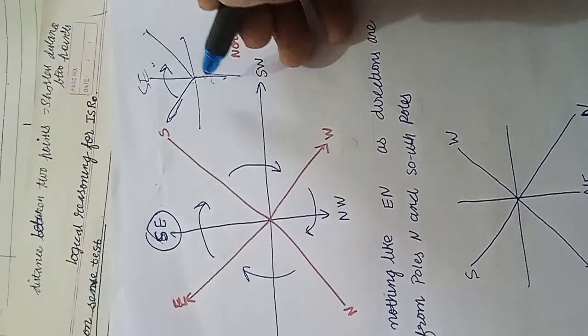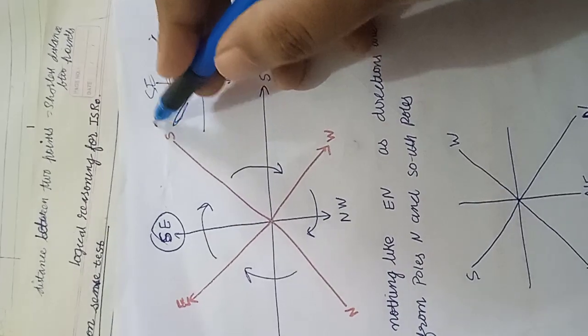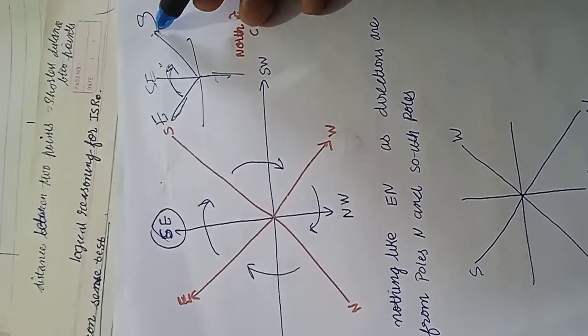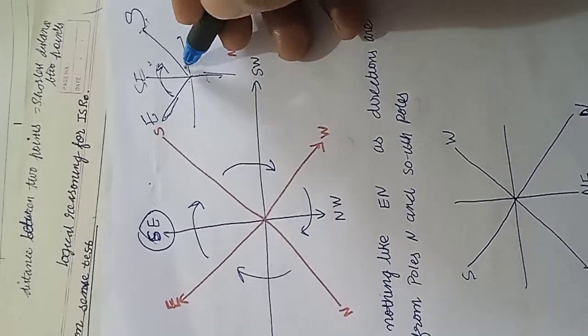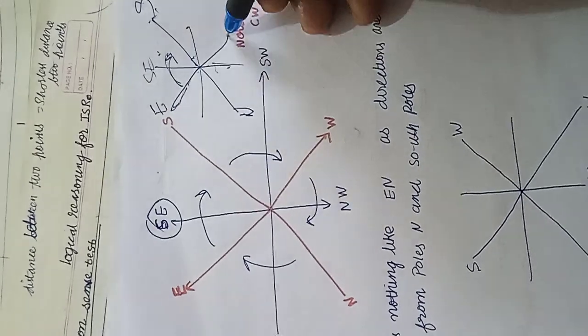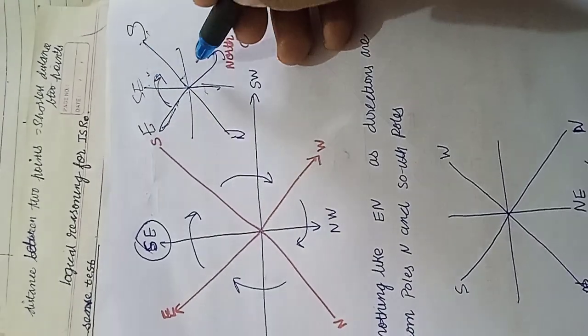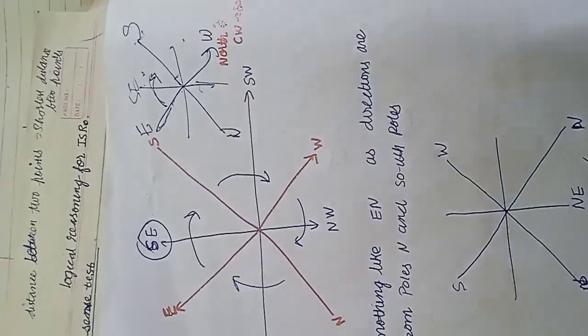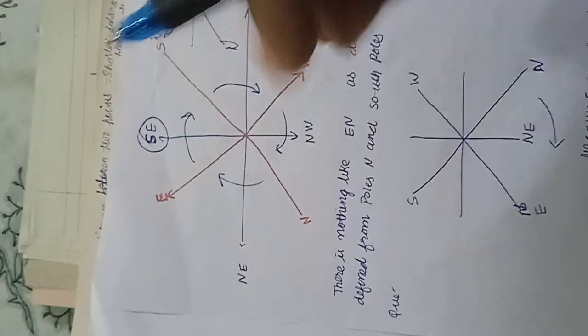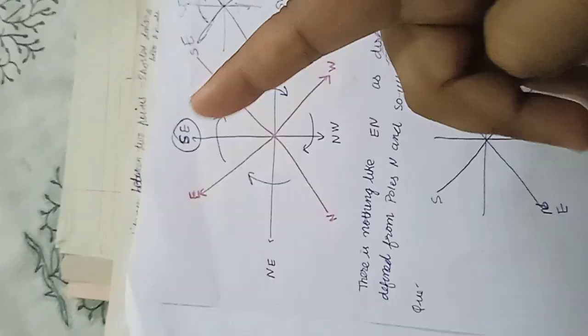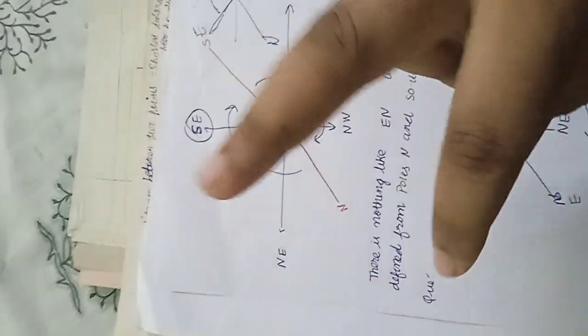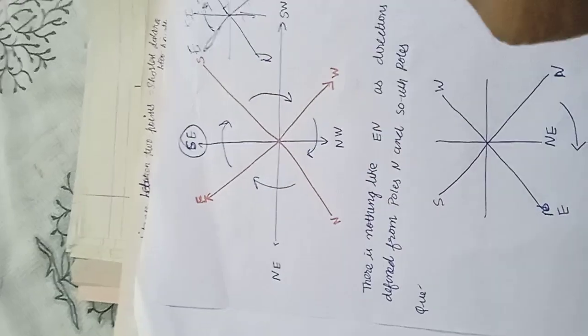This is clockwise rotation. East के 90 degree, so this should be east and this should be south. Now you can get north, you can get west. No worries. Once you have got southeast, you can get all the directions. Okay. So this is how it is going to be useful. East के 90 degree clockwise is south, and north के 90 degree clockwise is east.